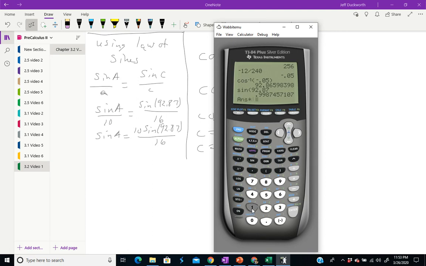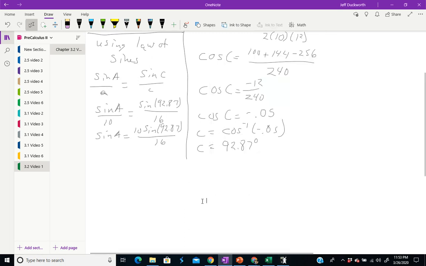Multiply that by 10 and divide by 16. So we have the sine of A equal to 0.624 and others. So let's write that down. 0.6242, if I recall correctly.